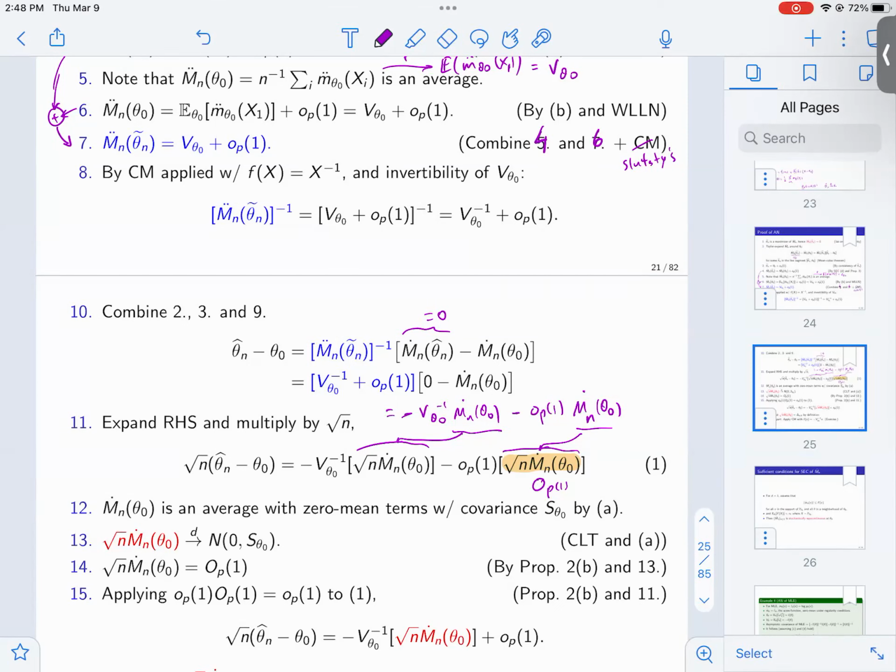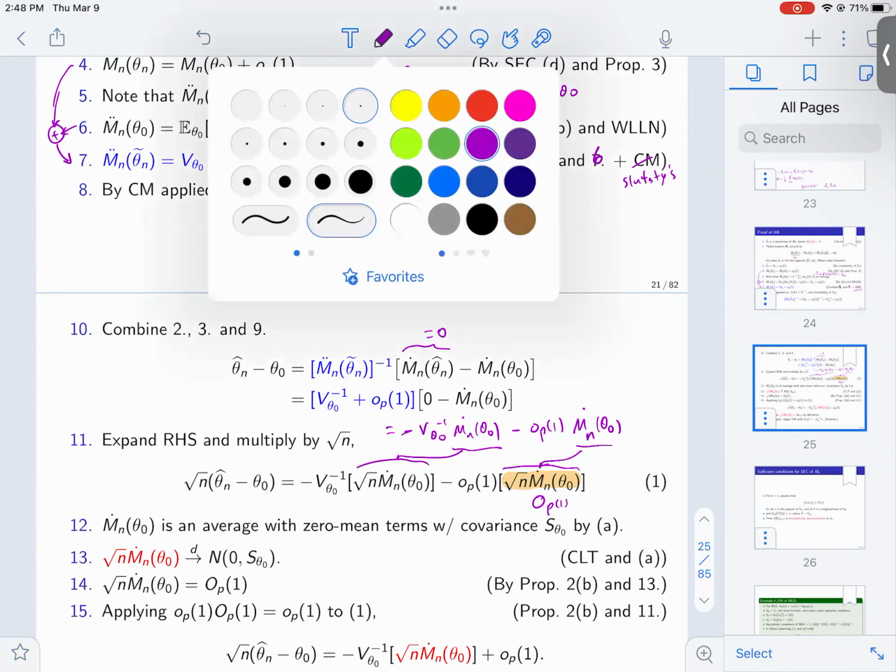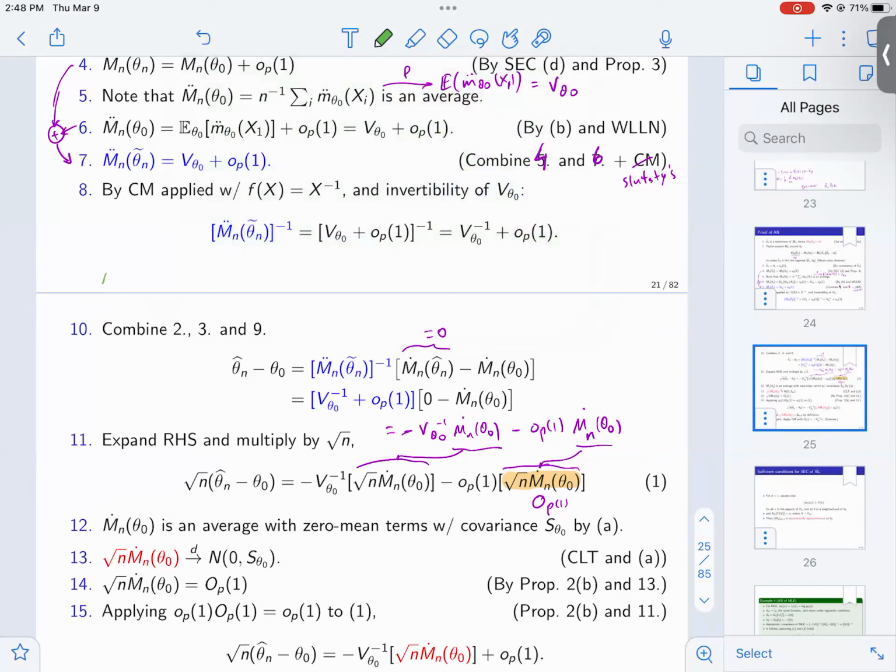So why is this guy big OP of 1? So M double dot, distribution goes to 0. Great, yeah. So this is really another average. Right. This is an average.